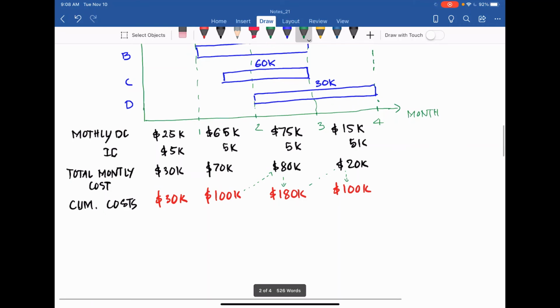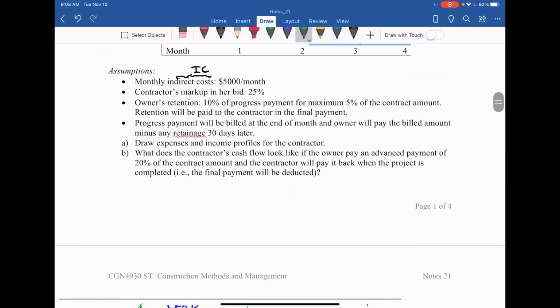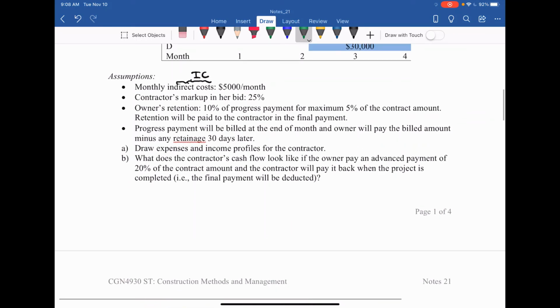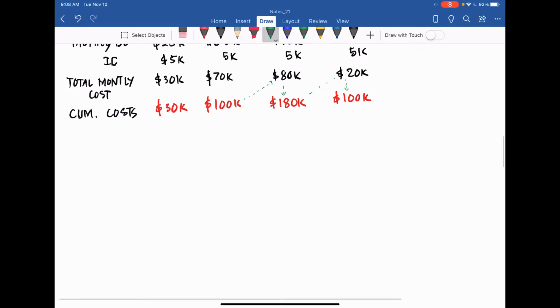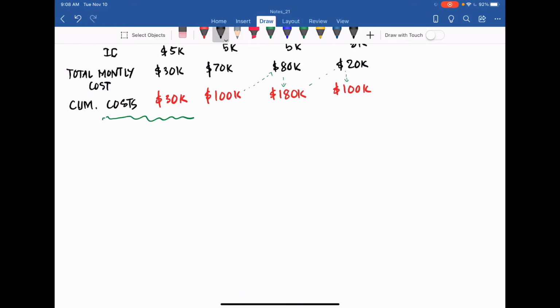The cumulative cost is the cost, and the contractor's markup on her bid is 25%. So on top of cost, we can determine the contract value that she is going to bid, cost plus the markup.